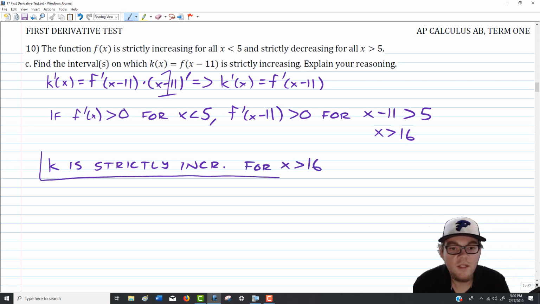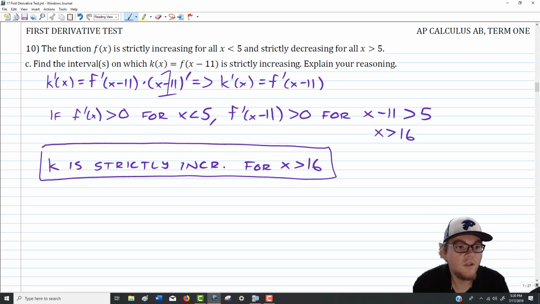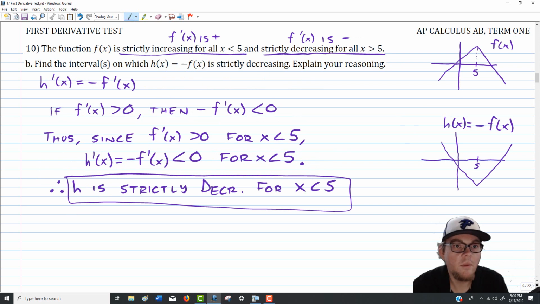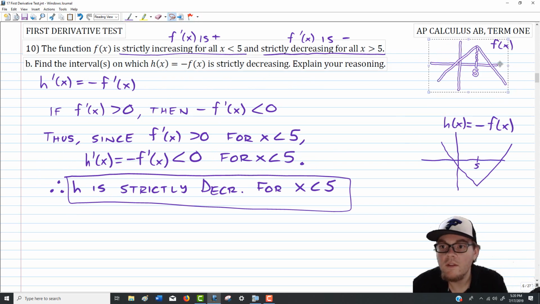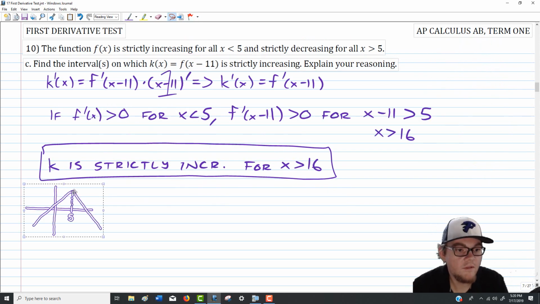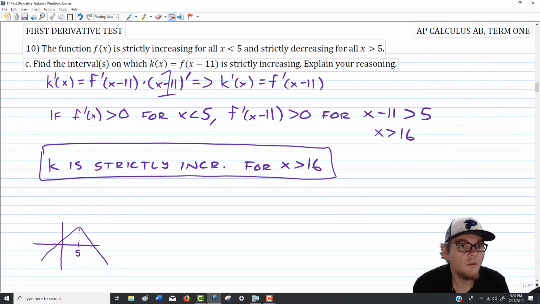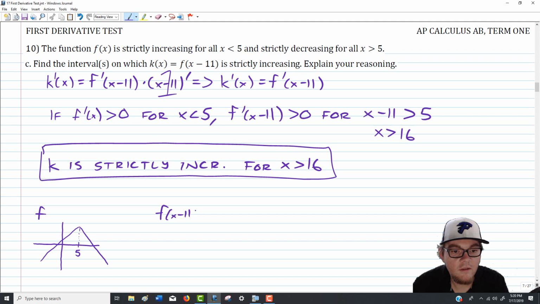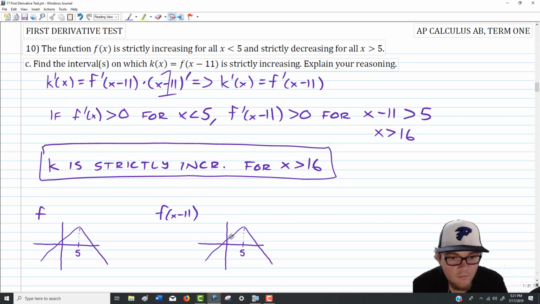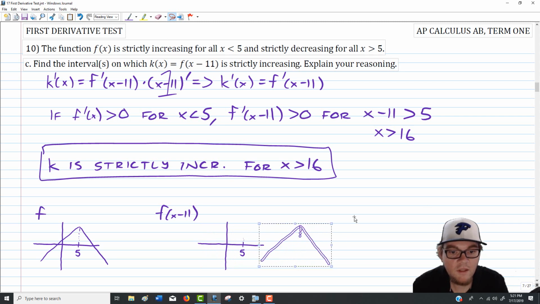So in a sense, what this one did was it took into account horizontal shifts, or a simple transformation. So stealing one more time our picture from before, if this was our picture in the past of f of x, then f of x minus 11 is just going to be the exact same picture, but we're going to take everything relevant and shift it 11 to the right.